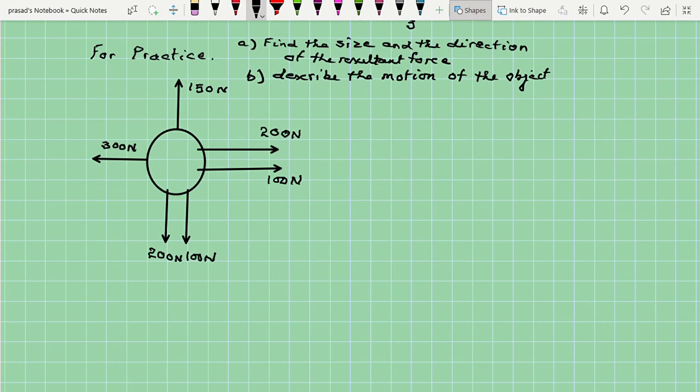You can take one more problem here. So again, there are two forces acting towards right.